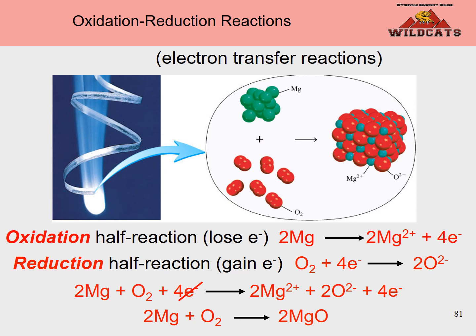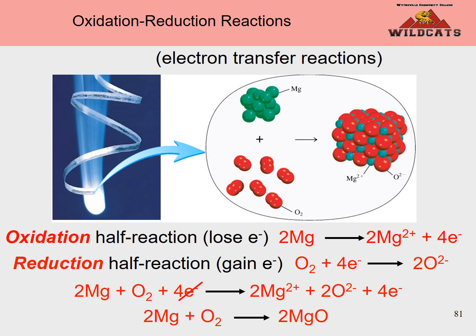We know it's 2+ because we already marked that on the periodic table during chapter number 2. And 2 times plus 2 means it's going to have to lose 4 electrons. The oxygen is going to gain electrons. And so we end up with O minus 2.